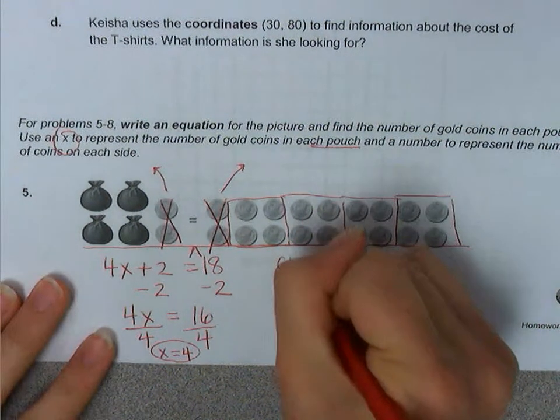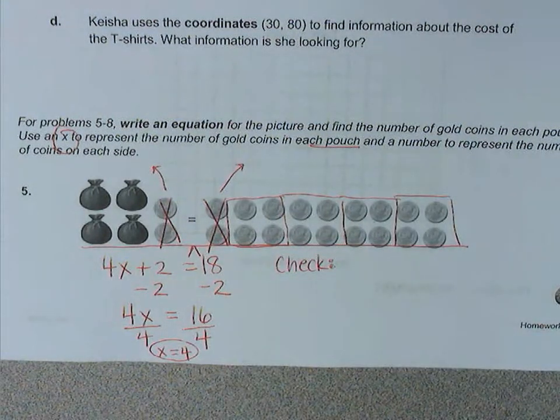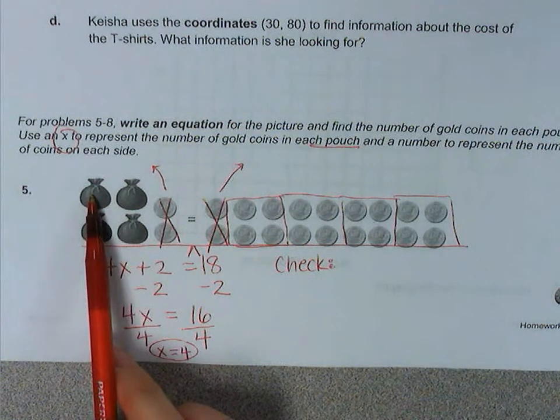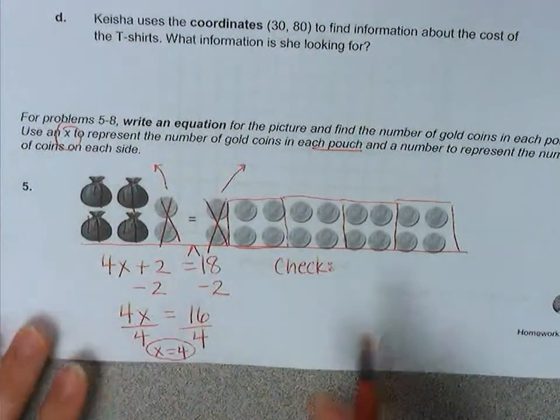Usually we want to check our answer because it's easy to make mistakes, especially once we get to some more challenging equations with fractions and decimals and negative numbers. So to check, we could just pretend that there's 4 coins there, right? So this is 4, and this is 4, and this is 4, and this is 4, and count them up.